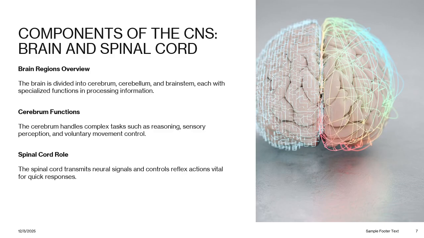But all of these parts are designed to process the complex information that's coming from all over the body. Spinal cord is more of a conduit for signals, and it's in control of a lot of our reflex actions. So that whole concept of if you reach out and grab a hot pan, you'll immediately let it go. Reflex actions.